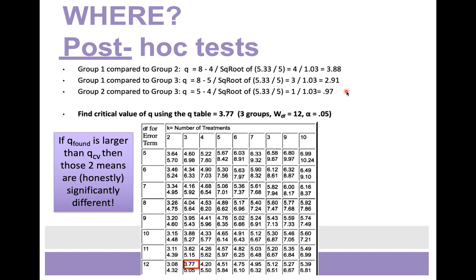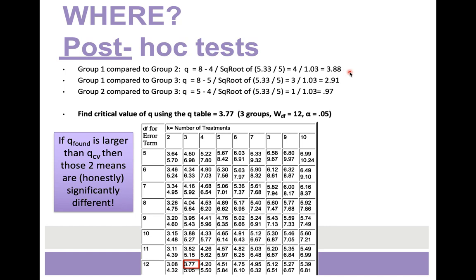If our Q is less than the critical value, as in the second and third comparison, then we fail to reject the null and those comparisons are not significant. So what ends up happening here is that we compare 3.88, 2.91, and 0.97. Those are our Qs, right, for group 1 versus 2, group 1 versus 3, group 2 versus 3. We compare each of these Qs to 3.77 on the table.